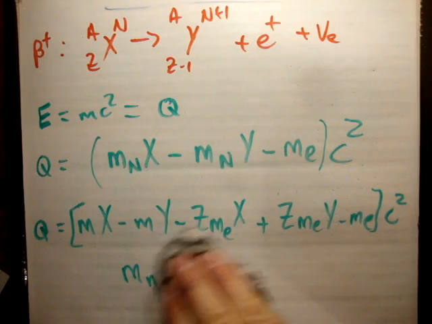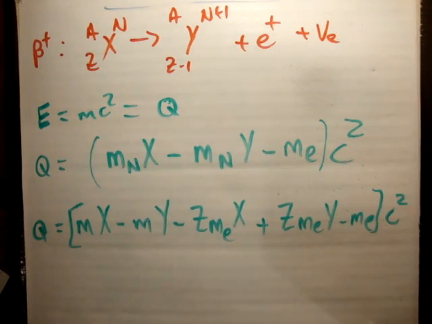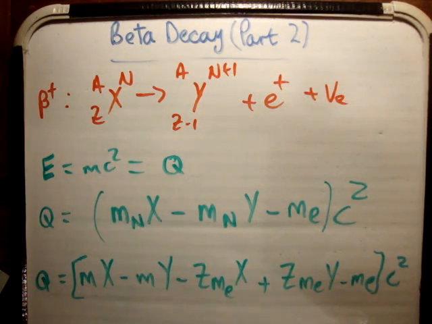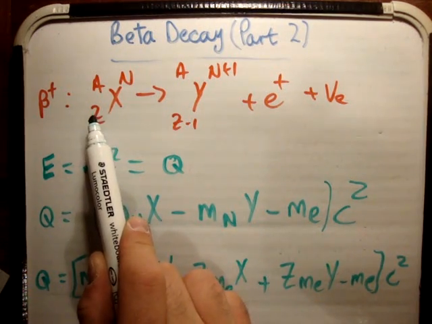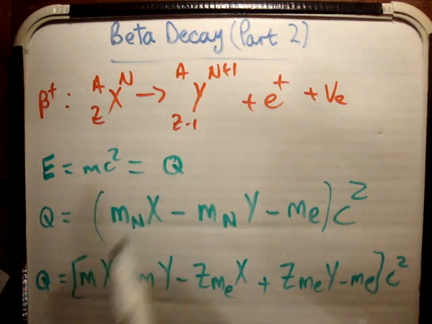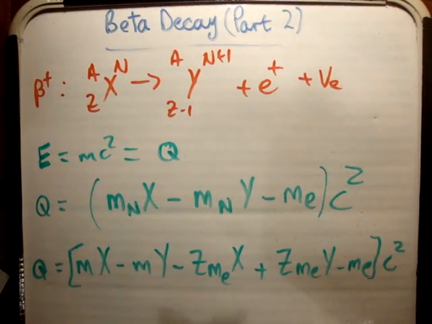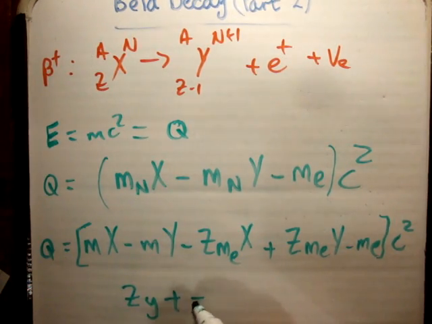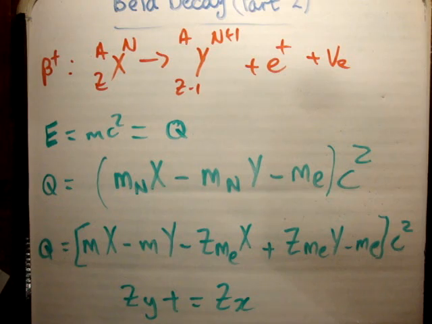And the other thing you need to realize is that if we look back up here, the protons for X and the protons for Y are different. So we can say the following: the Z number for Y plus 1 is equal to the Z number for X.